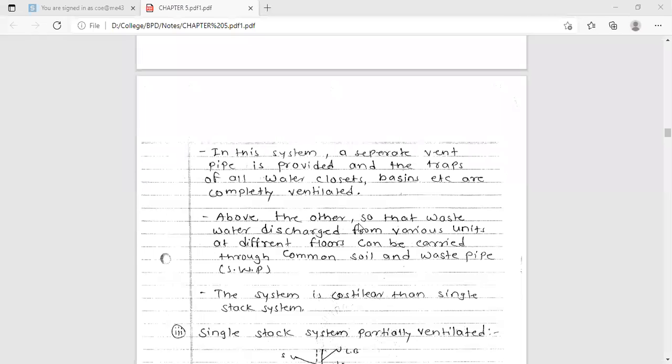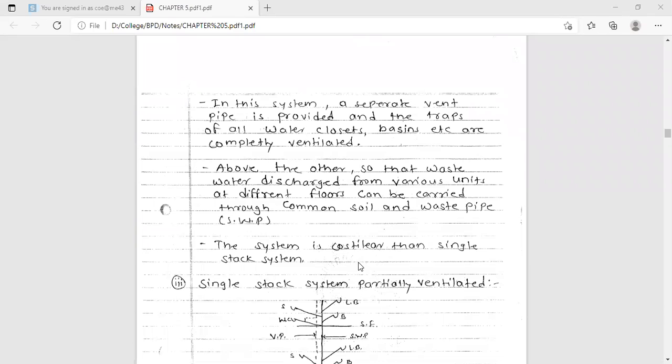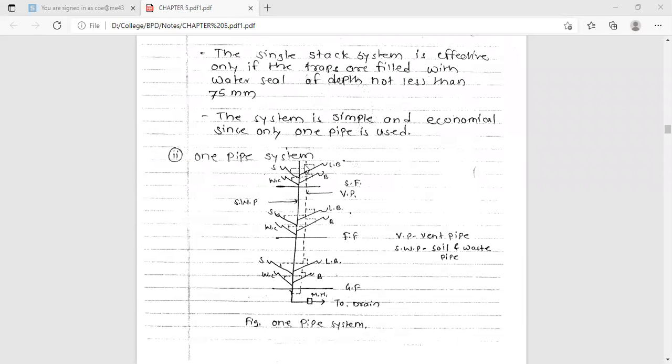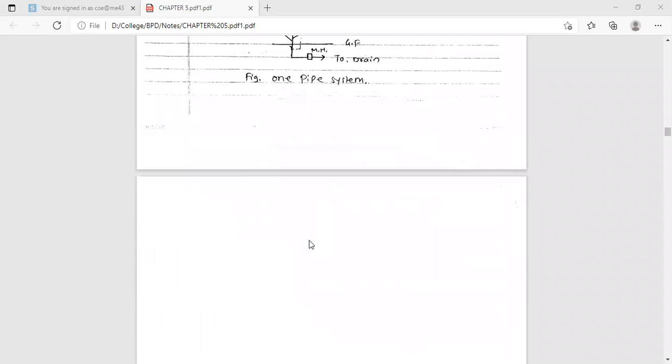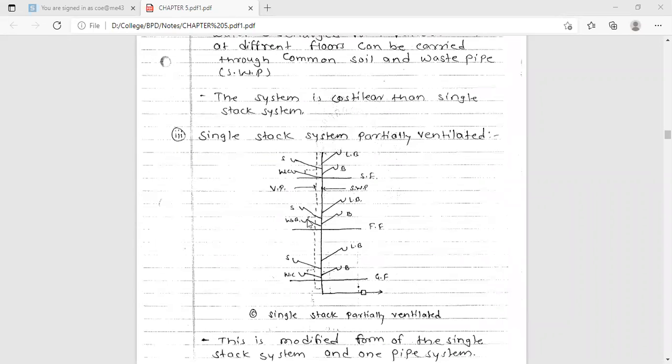Above the other, so that wastewater discharged from various units at different floors can be carried through a common soil and waste pipe. The system is considered costlier than the single stack system because of the additional vent pipe we have to provide, and along with that we have to make the connection between the vent pipe and the various outlets.